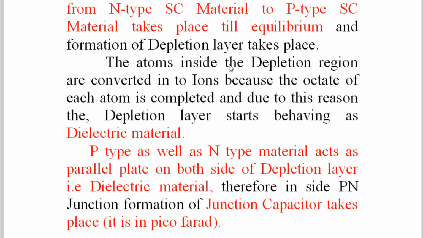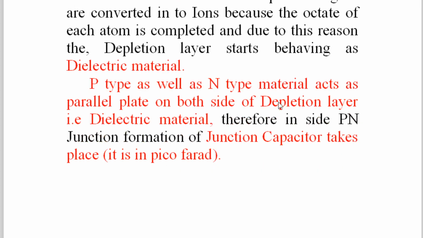The atoms inside the depletion region are converted into ions, because the octet of each atom is completed, and due to this the depletion region starts behaving as a dielectric material.